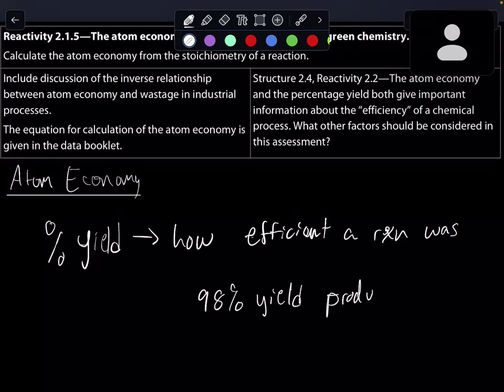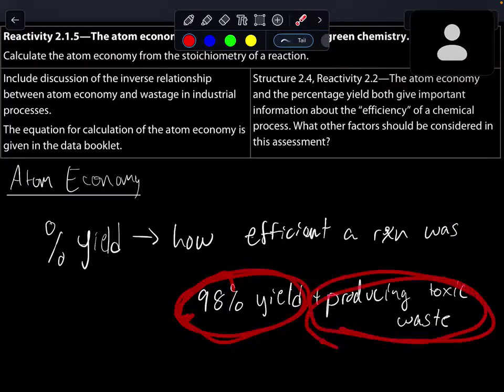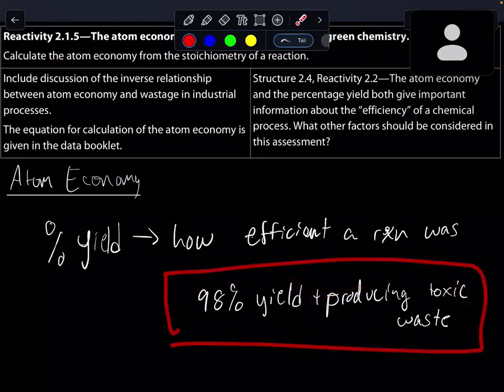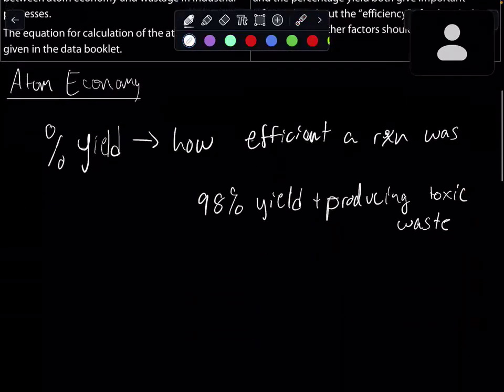Maybe you're also producing toxic waste. Now, you may have a really efficient reaction. Like this is very efficient. You're getting a lot of the product that you want, but you have a byproduct that you don't want. And so chemists may turn to this type of reaction that has a very high efficiency, but you're producing something harmful, so it's non-efficient. So we have atom economy as a new metric for efficiency.